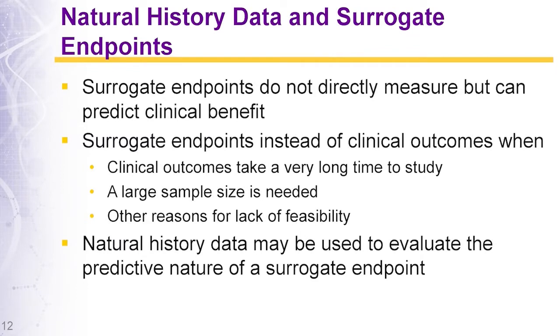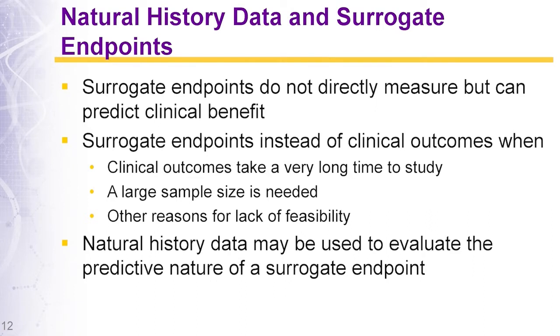Natural history data are also used for development of surrogate endpoints. What are surrogate endpoints? Surrogate endpoints are those that do not directly measure clinical benefit, but can predict clinical benefit.